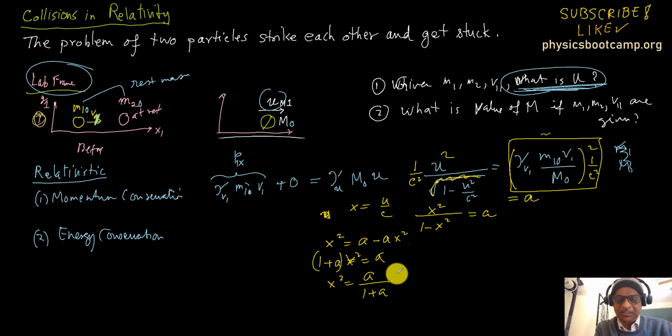This is pretty complicated, you can see already. So x, and we're just looking for the magnitude, will be the square root of a over 1 plus a, and so u equals c times the square root of a over 1 plus a.